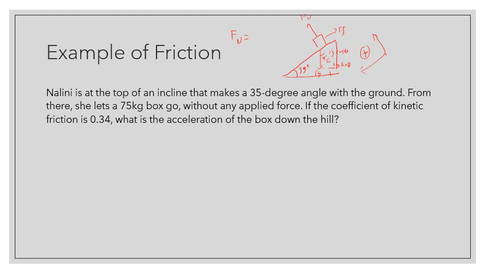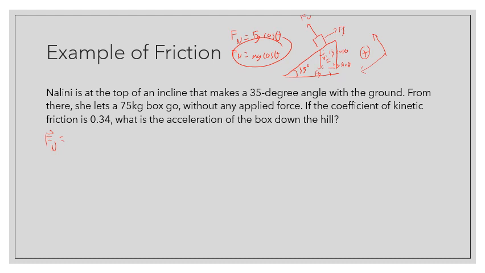So that means that the normal force will be equal to Fg cos of theta. So Fn is equal to mg times cos of theta. With that knowledge, we can plug all the numbers that we have into the equation and solve for normal force.